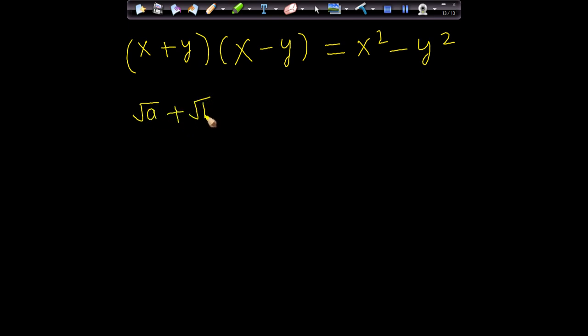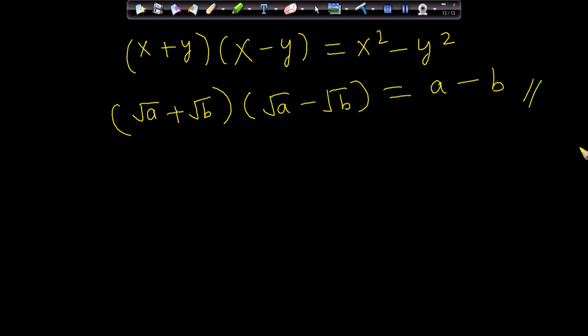If (root a plus root b) into (root a minus root b), what will this be? a minus b, right? Similarly, if I multiply two numbers and take its root, that is root ab, it will be the same as if I take the root of a and the root of b and then multiply. Both are the same thing.